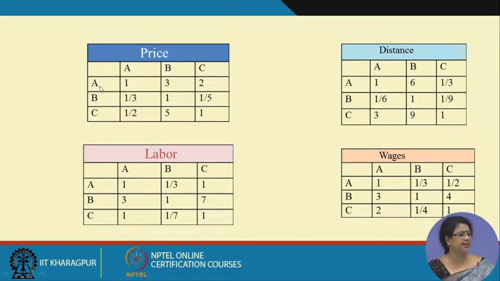It is given that A is preferred to C, preferred but not moderate, not equal, better than that. That is why A is preferred to C. Look at C with respect to A: since A with respect to C is 2, then C with respect to A will be 1 by 2. That way, A with respect to A is 1, B with respect to B is 1, C with respect to C is 1, and all others are given accordingly.